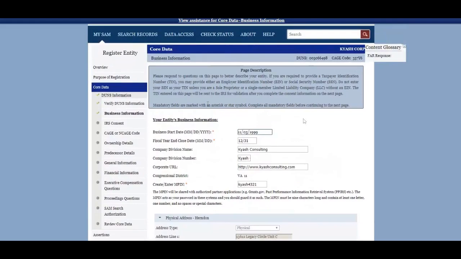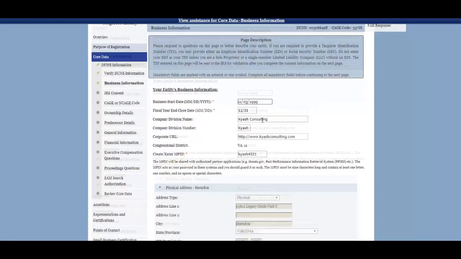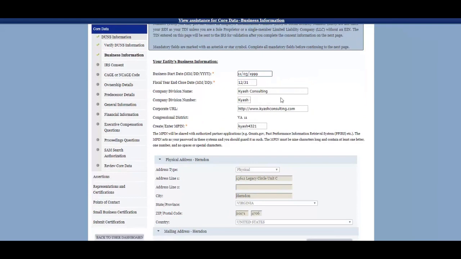Now, again, we're at the core data business information page, and here's my business start date, my fiscal year-end close date, company division name. Of course, we are doing business as Irs Consulting. Irs Corp is the entity that we formed in New Jersey.